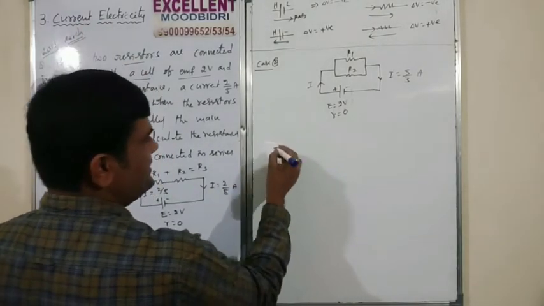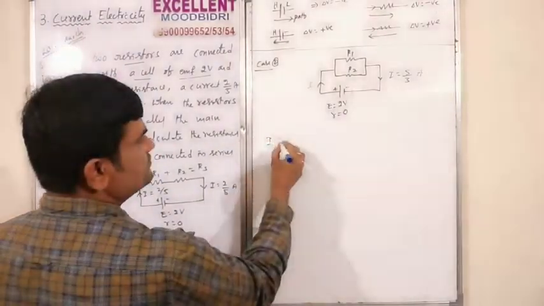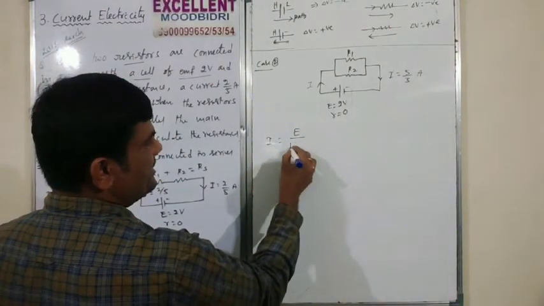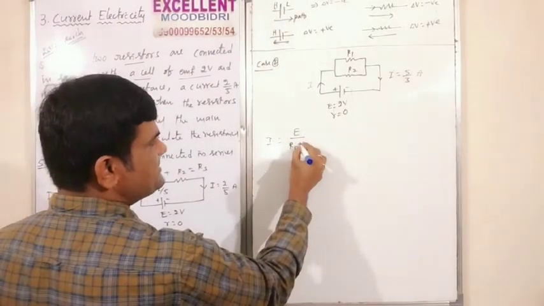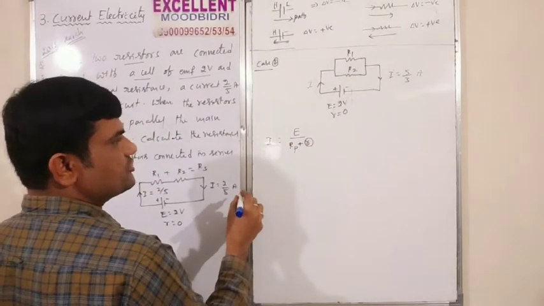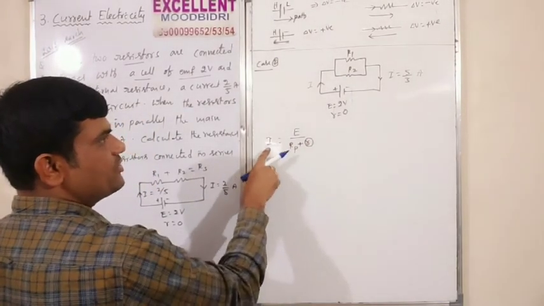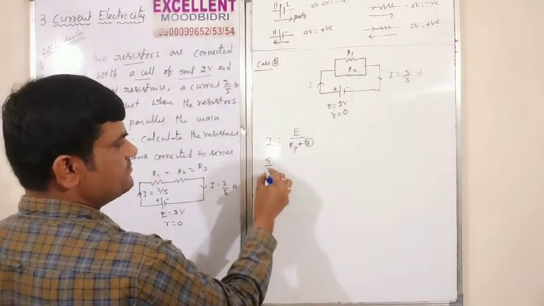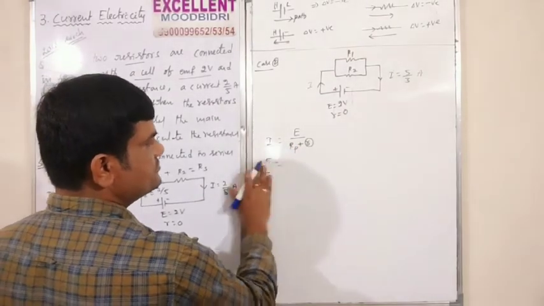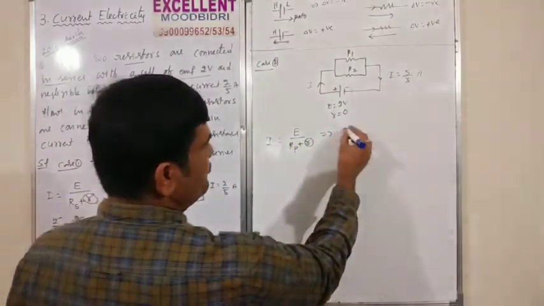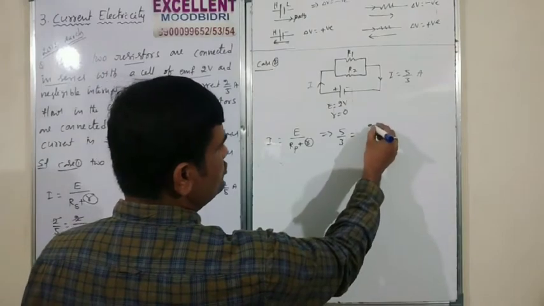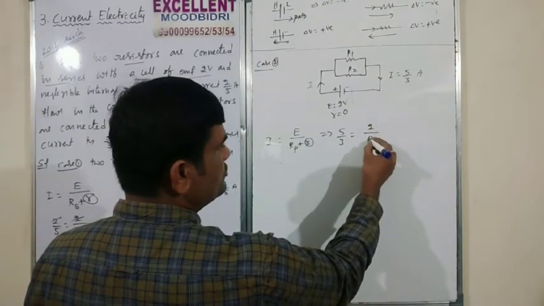Similarly, same formula. I is equal to E divided by Rp plus r, where r is equal to 0. I value is 5 by 3, E value is 2, Rp value we don't know.